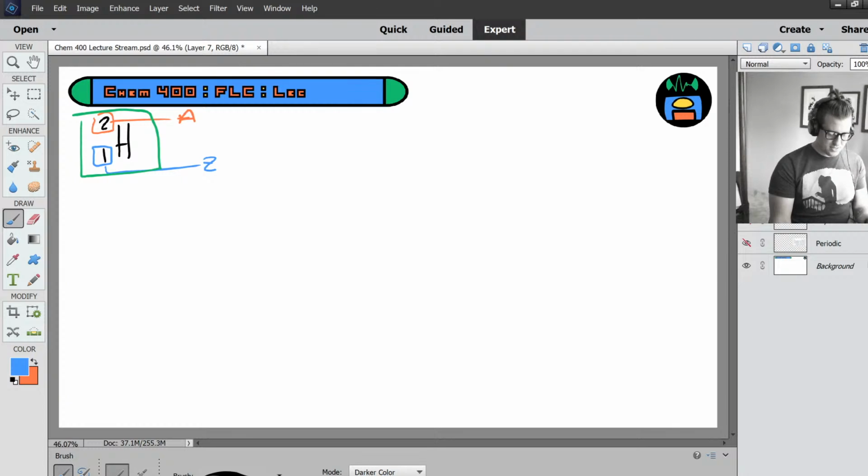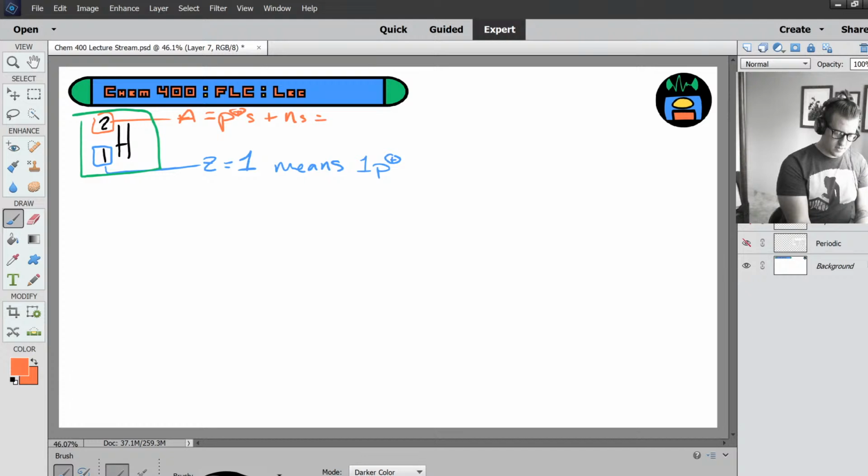So that tells us Z equals 1 means that we have 1 proton in this isotope, and A equals 2 means that our protons plus our neutrons equal 2. But guess what? We know our proton count is 1, so 1 plus our number of neutrons equals 2. That means that there is 1 neutron in this isotope.